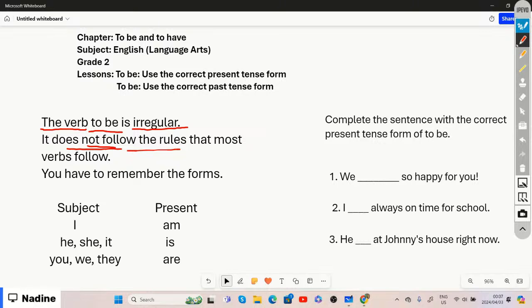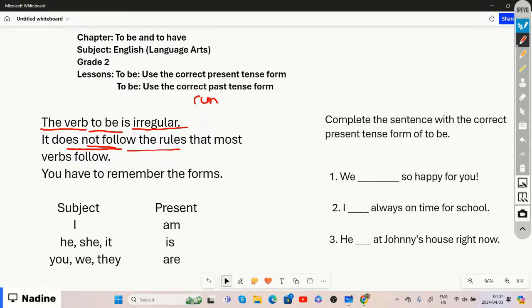Which means that if the verb is irregular, then the wording of that verb kind of changes. So for example, if we say John runs now, or John is running now, or John is running after the ball, then run or running is our present tense form.